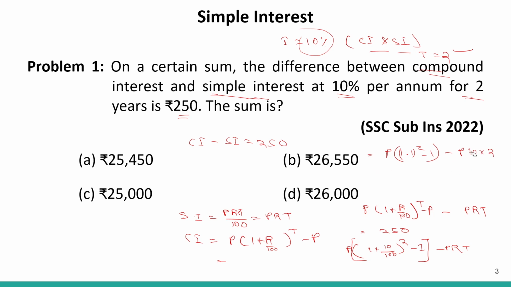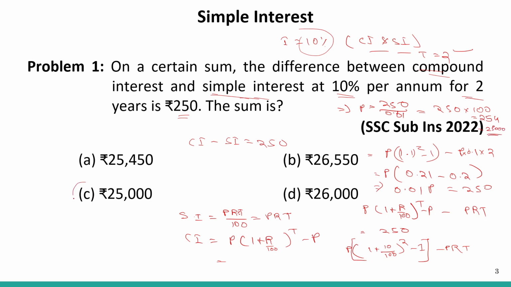10 in decimal form will be 0.1. So this is equal to P into 0.21 minus 0.2, which is 0.01 P. This is given as 250, so P is equal to 250 by 0.01, which is 250 into 100, nothing but 25,000.